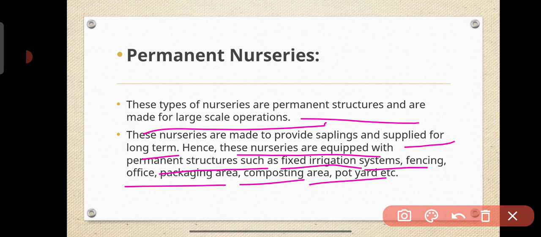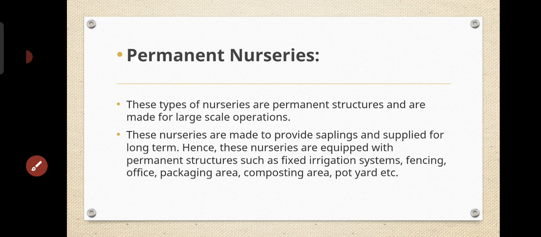If we are making them on a permanent basis, we will expect some kind of income from it. We will make sure that it looks beautiful and has all the facilities. So we will arrange irrigation system, fencing, packaging, office area, composting area, every kind of need that is needed.